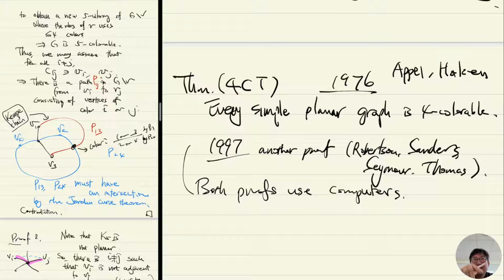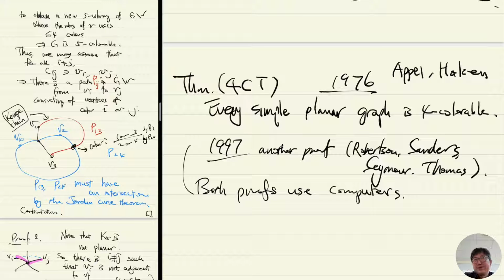So the proof says that in any minimum counterexample to the 4-color theorem, in any plane triangulation, one of these reducible configurations must occur. And if it occurs, then it cannot be the minimum counterexample. So that's the proof. The later proof by Robertson, Sanders, Seymour, and Thomas reduced the number of reducible configurations to 633.